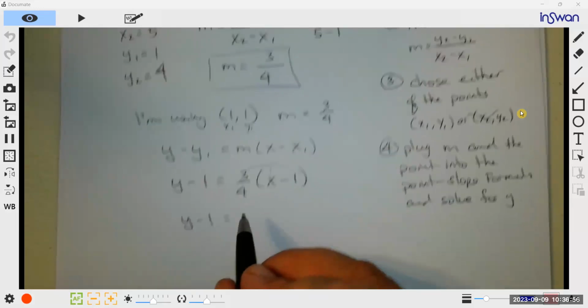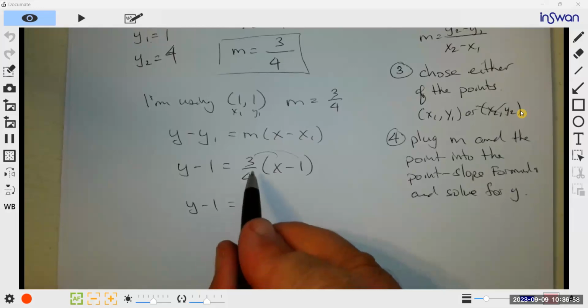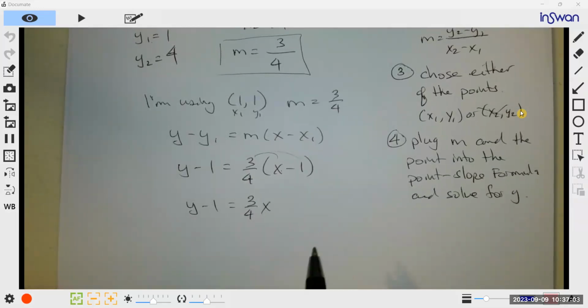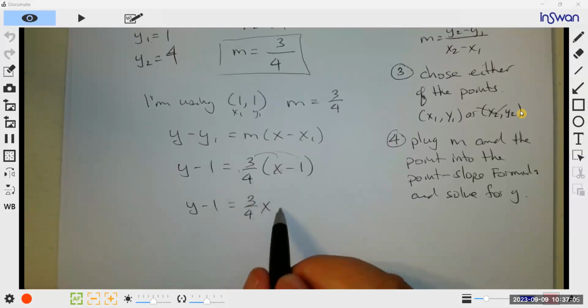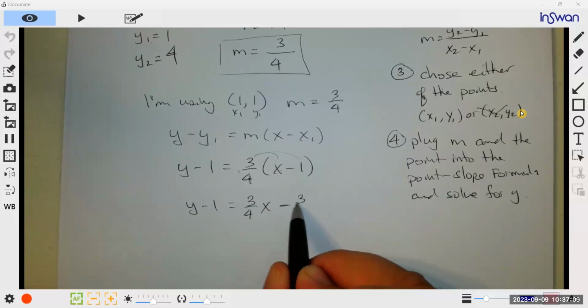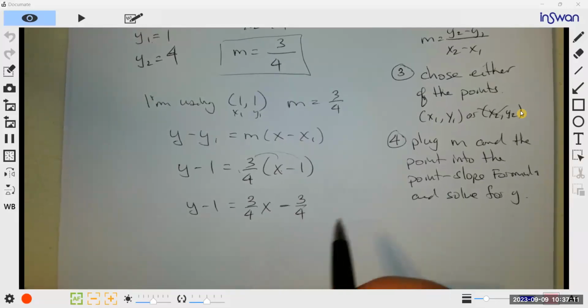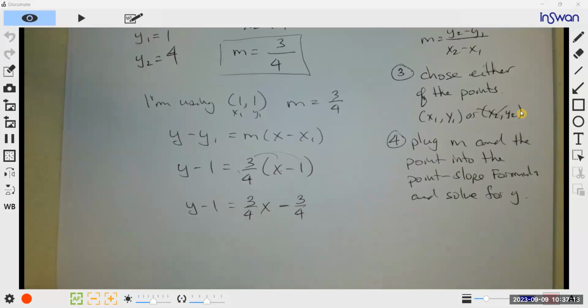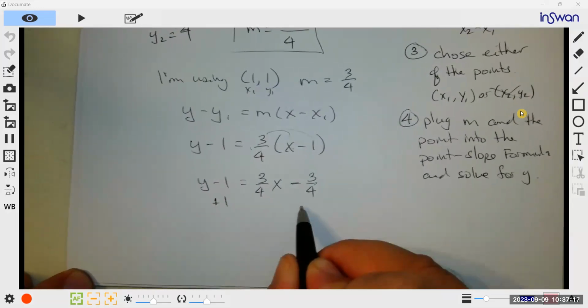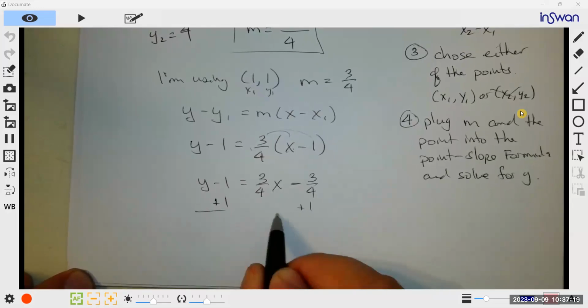Get rid of the parentheses. 3/4 times x is 3/4 x. Positive times negative is negative. 3/4 times 1 is 3/4. Now add 1 to both sides.